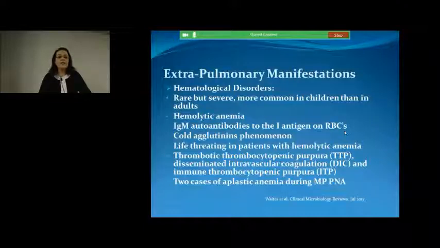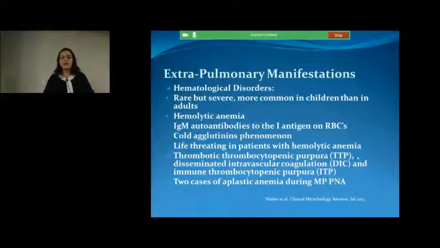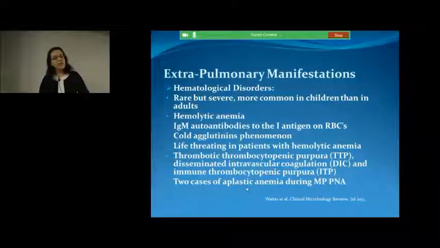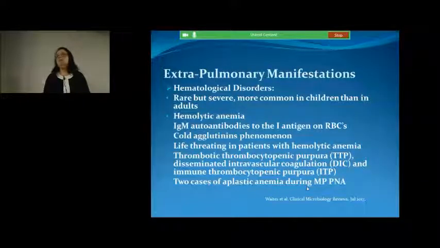Those autoantibodies are the ones responsible for the cold agglutinin phenomenon. And it can be life-threatening in patients with hemolytic anemia. Mycoplasma also can cause TTP, DIC, and ITP. And there are 2 cases in the literature describing the development of aplastic anemia during Mycoplasma pneumoniae pneumonia.